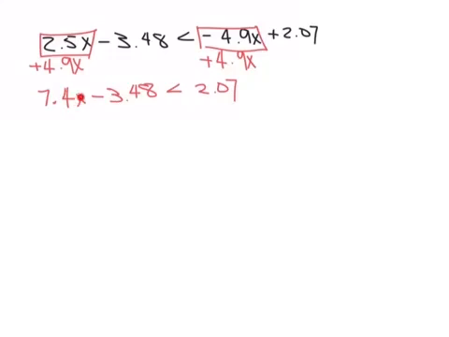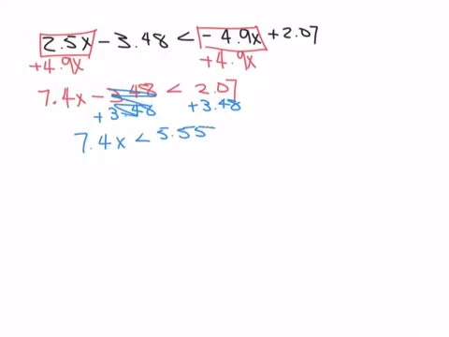Remember, you get rid of the number that's the furthest away. Anything added or subtracted to this x, we get rid of it first. So I'm going to add 3.48 and 3.48, and that gets rid of those. So I have 7.4x is less than 5.55.